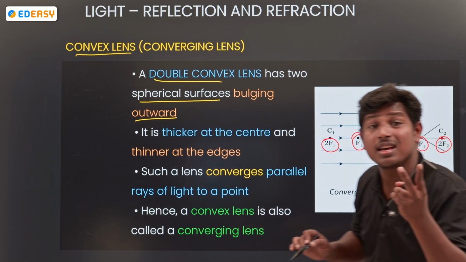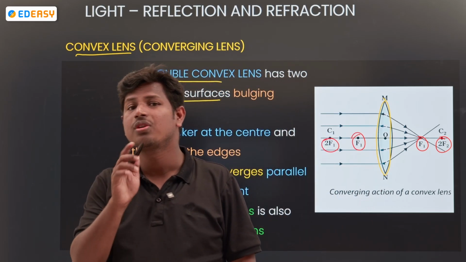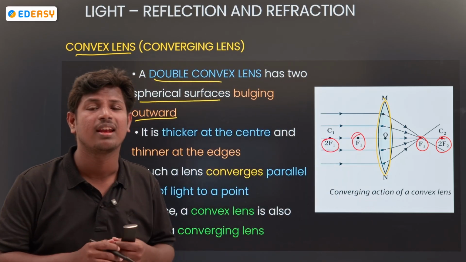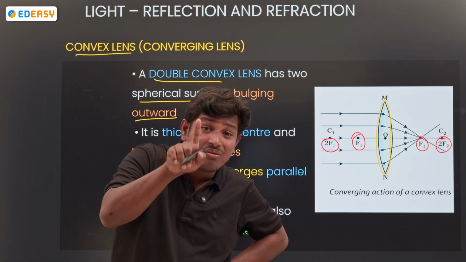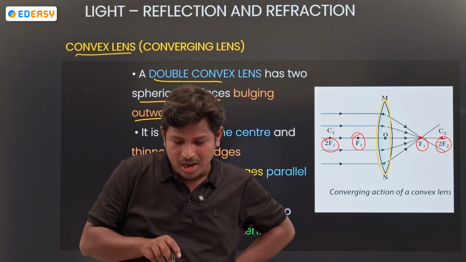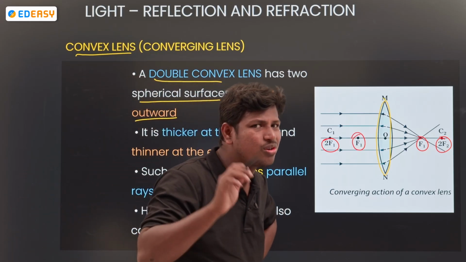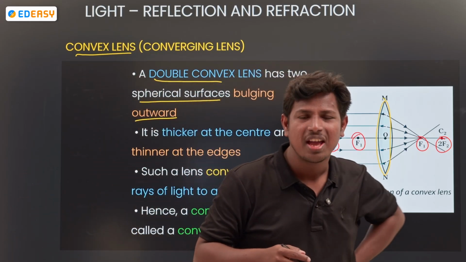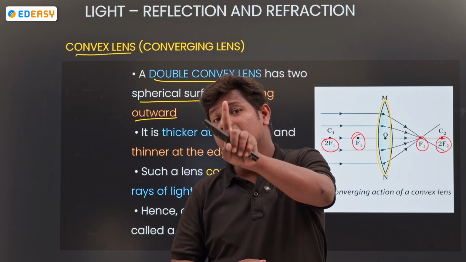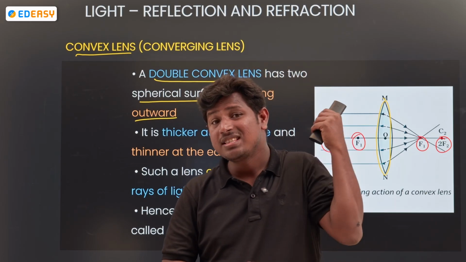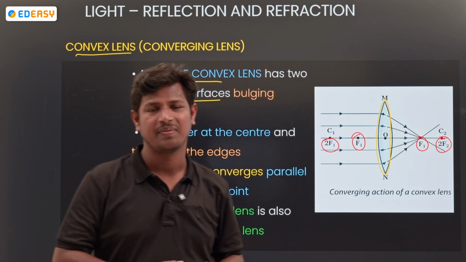Two focuses are there on each side, F1 and F2. Why are there two focuses here but only one in a mirror? Obviously you will get this doubt. Mirror has only one, but lens has two focuses. Why is it so?